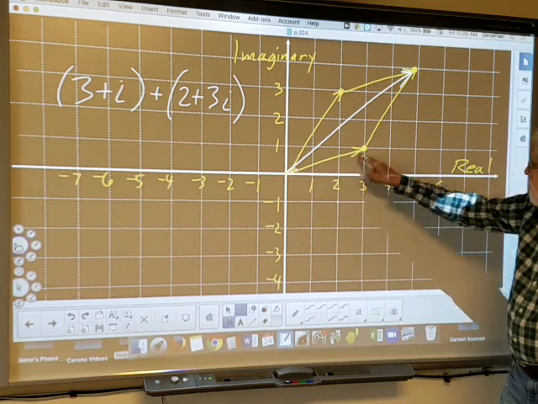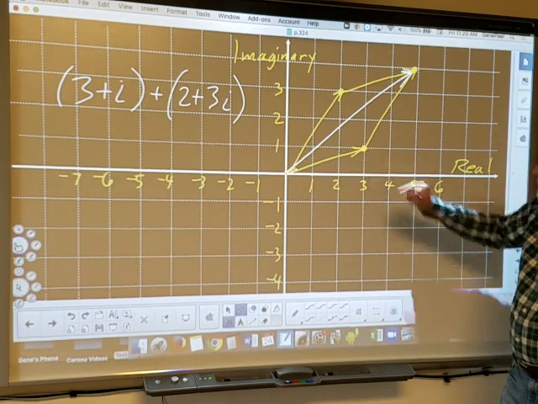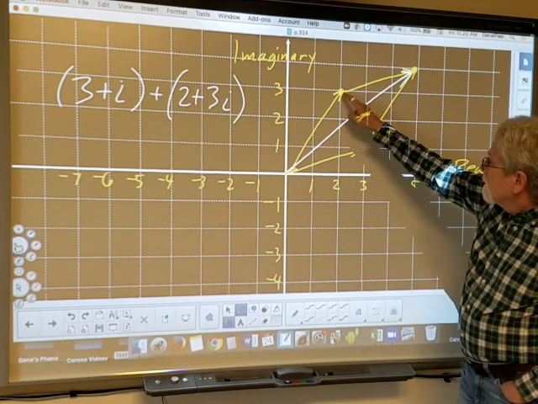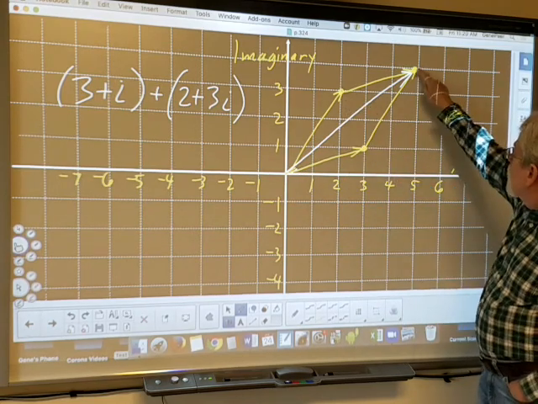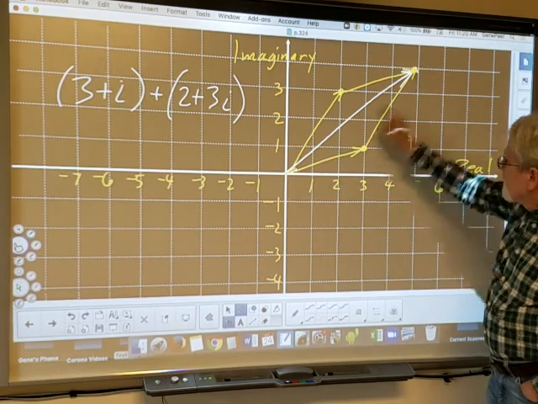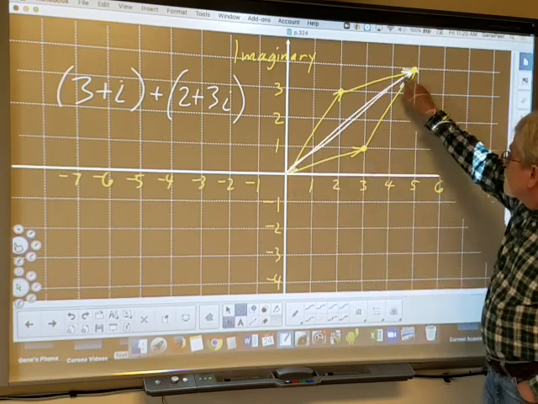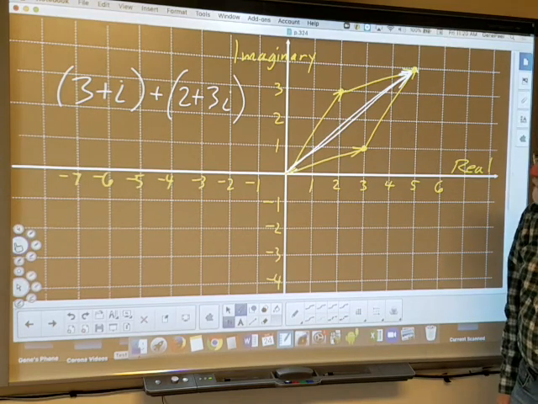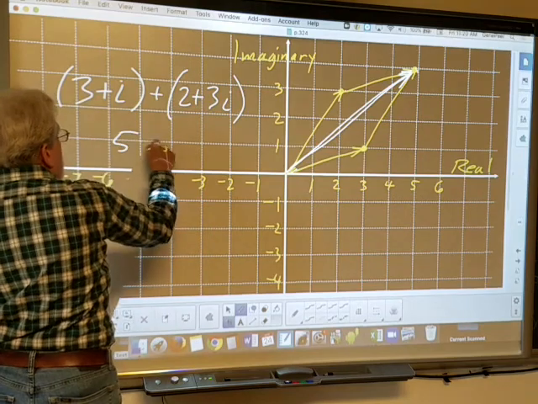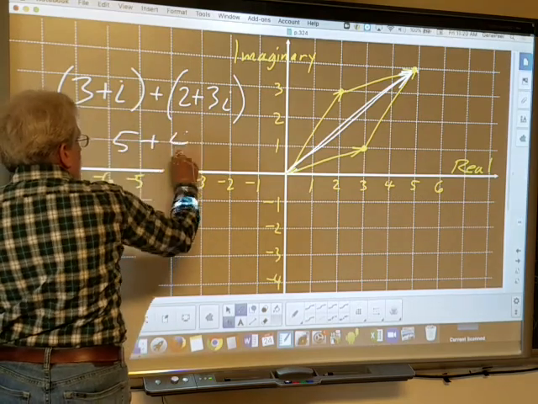So 3 plus i added to 2 plus 3i should give us, where are we? We're at 5 plus 4i. The vector 5 plus 4i. And indeed, yes, of course, 3 plus 2 is 5. i plus 3i is 4i.